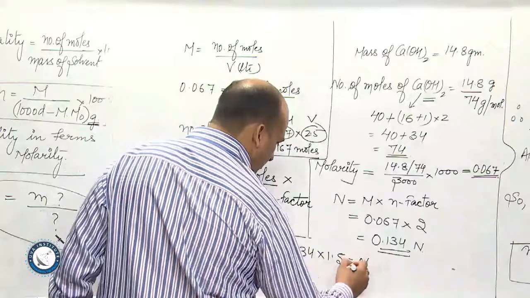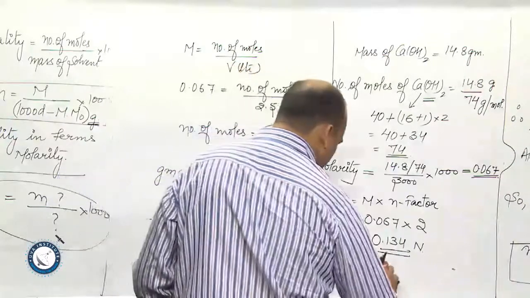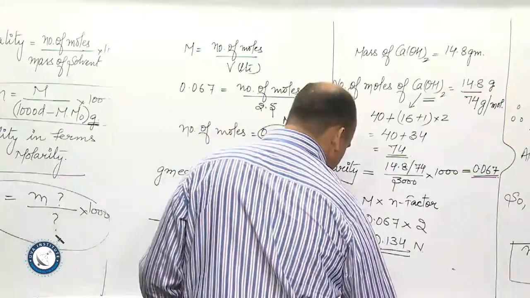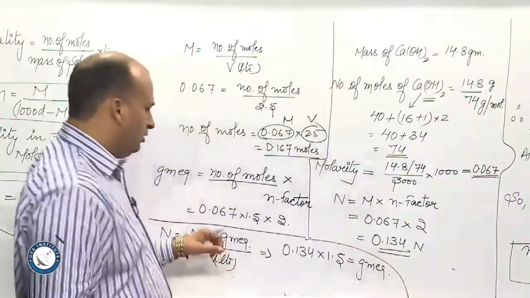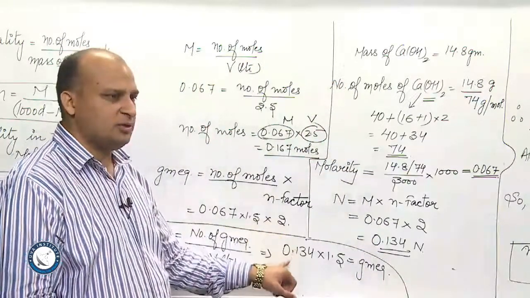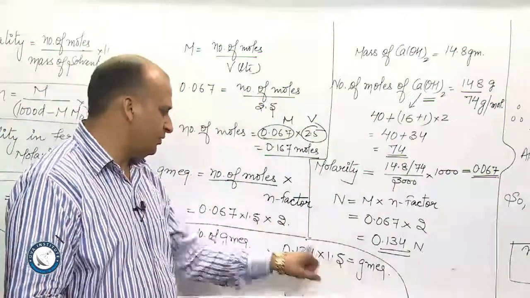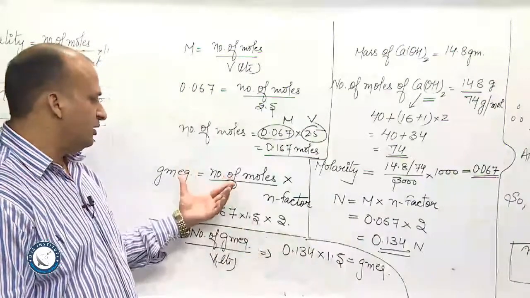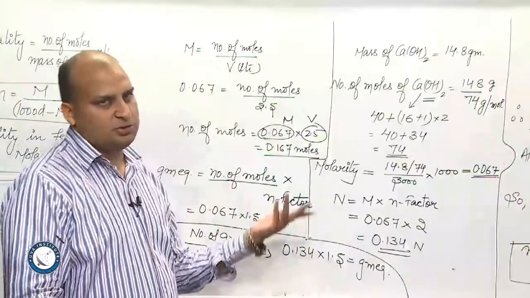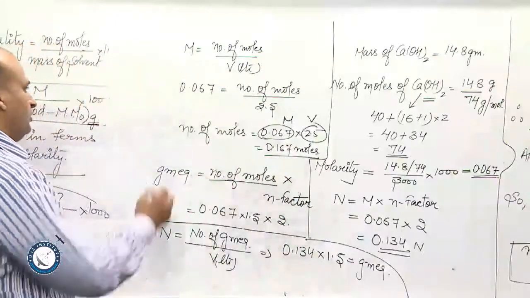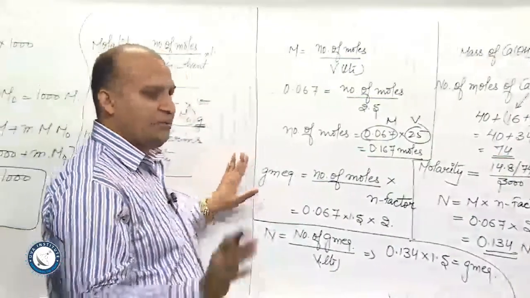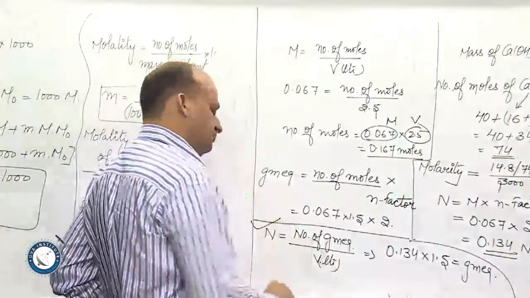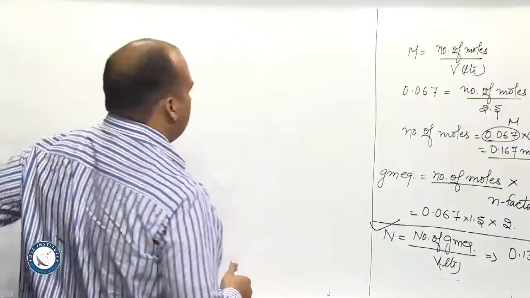This will be the number of gram equivalent. देखो, 0.067 into 2 is nothing but 0.134 into 1.5. You can do it like this, you can do it like this. Both the ways are now there in front of you. Choose whichever you want to. I personally prefer this one.